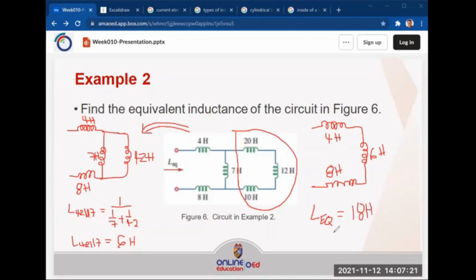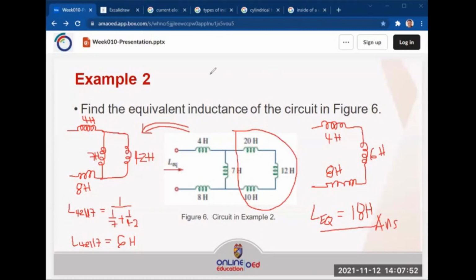The same as how we solve our resistors. So take a screenshot or take some moment to sort this one. This is the same solution as we do with our resistors.